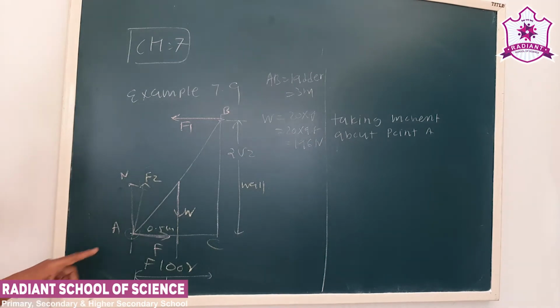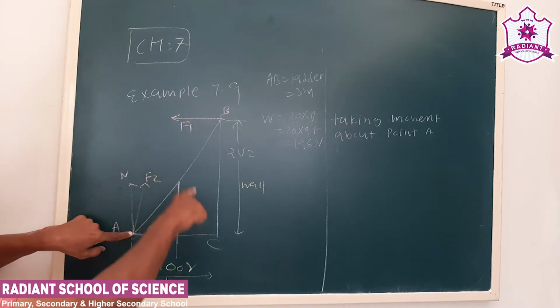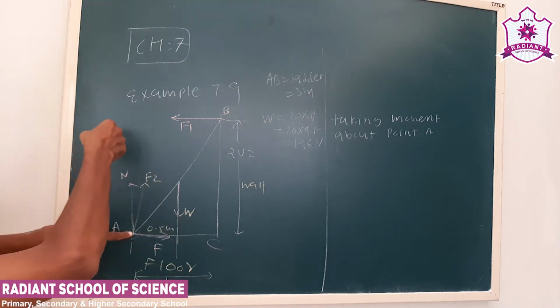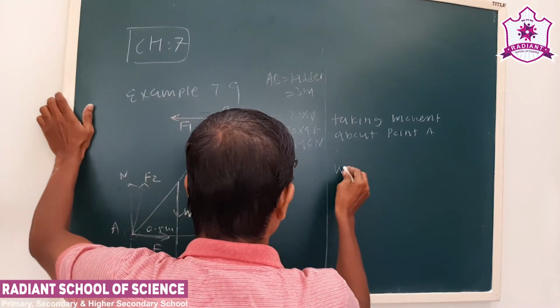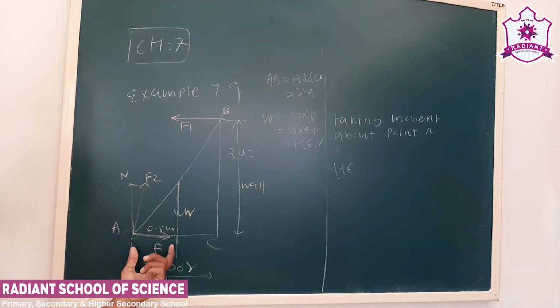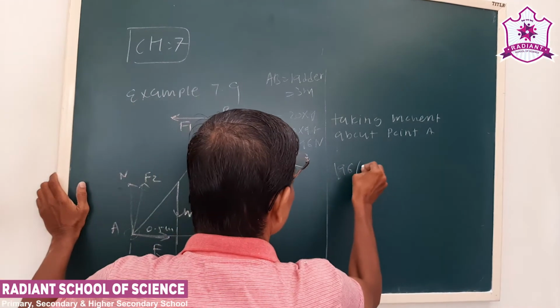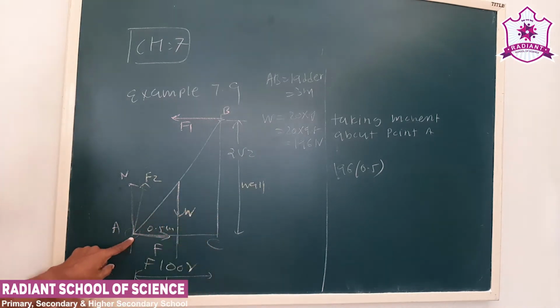Now W, point A is the fulcrum. W will try to move it in the clockwise direction, and the clockwise direction we consider negative. So W, that is 196, with perpendicular distance 0.5. Clockwise torque we consider negative.